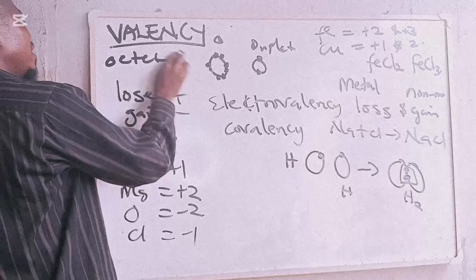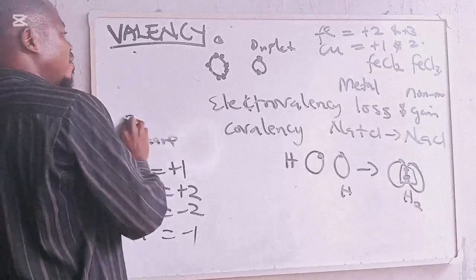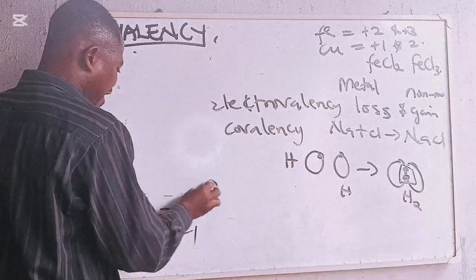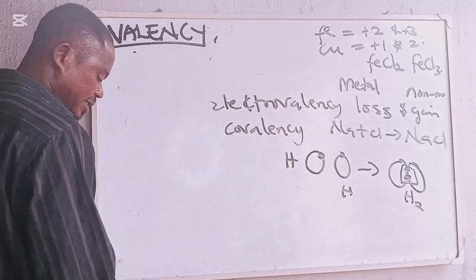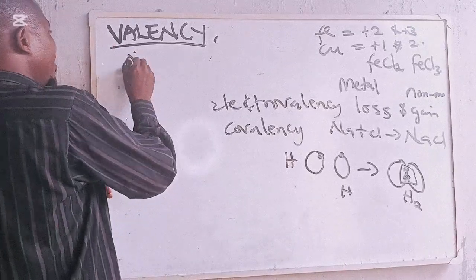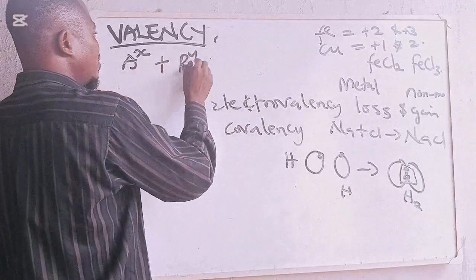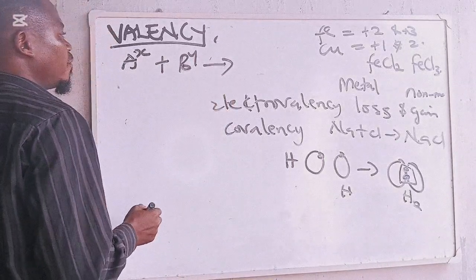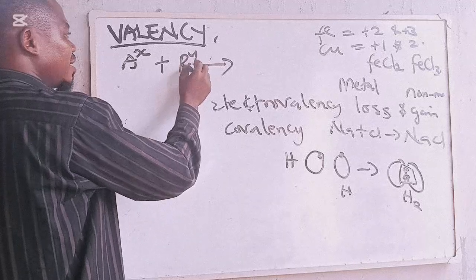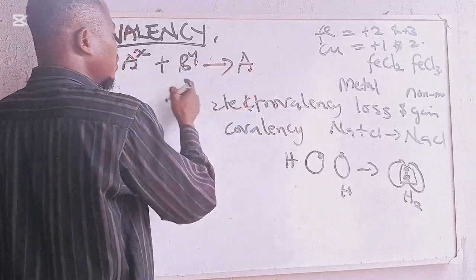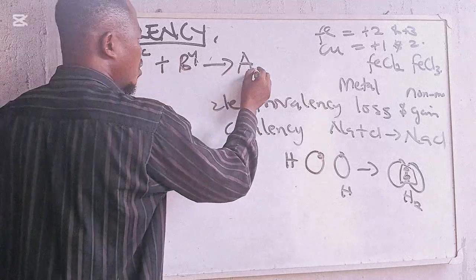Now, valency helps us in writing the formula of compounds. From knowing the valency of elements, you will be able to write the formula of a given compound. For example, if I give you element A with valency of X reacting with element B with valency of Y, the formula of the compound it will form is this: the Y you bring down here for A. So now the formula that will form is going to be AY BX.